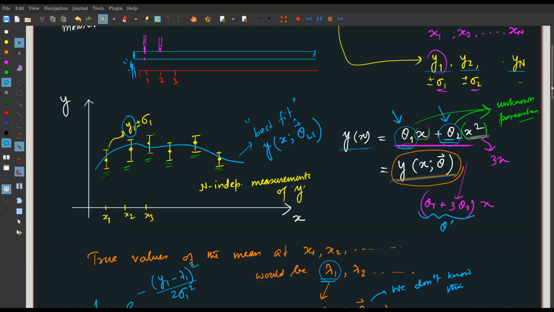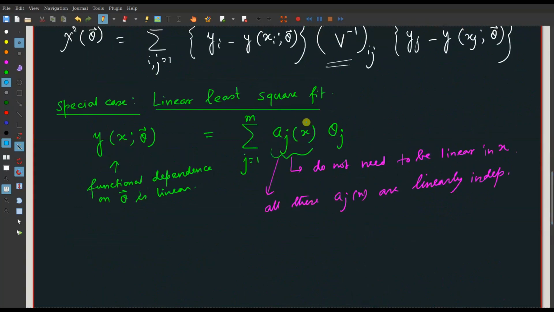That is what I mean when I say that all these multiplying functions should be linearly independent. Otherwise, these m independent theta_j's will lose meaning. We need m independent theta_j's only when I have a linearly independent set of a_j(x). So the linear least square fit is applicable when the functional form of the thing that I'm going to measure has a linear parametric dependence.